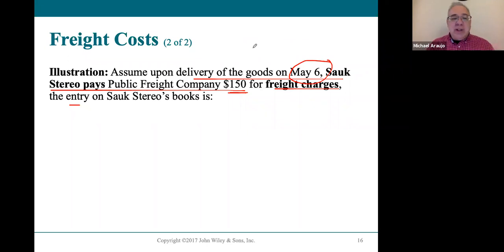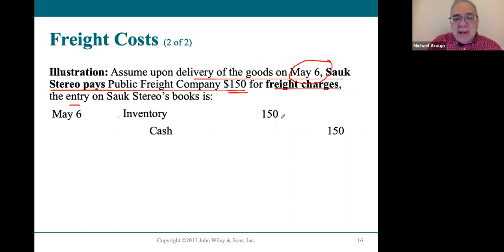It cost you 20 bucks plus, say, $5 shipping. So it really cost you 25 bucks. Well, in accounting, we have to show that's the real value of the asset. So here, even though we paid 150 for freight, we are going to debit inventory for that 150 because literally we need to show that we paid more for the asset. Okay, so that's something that's important to note.